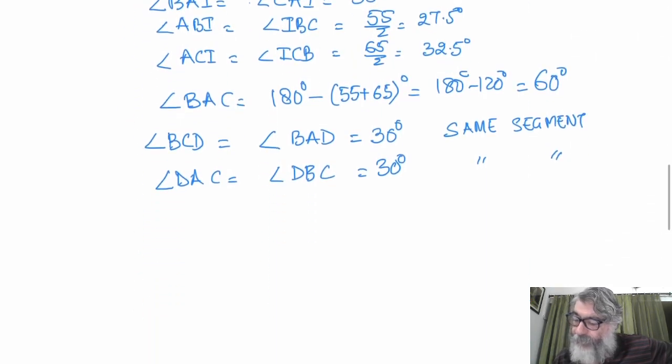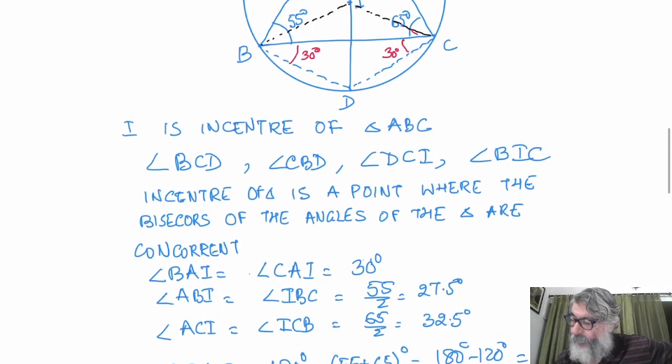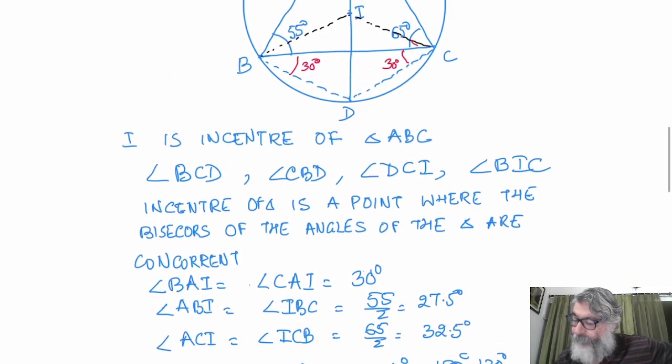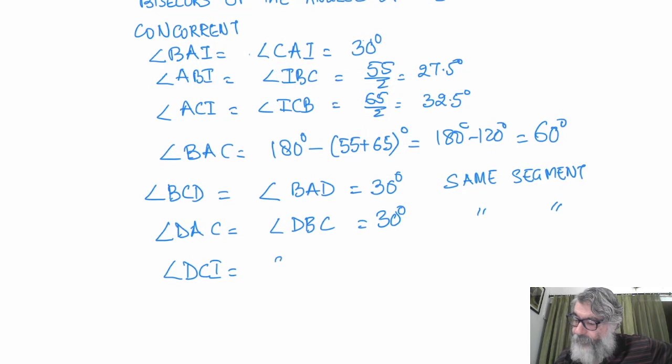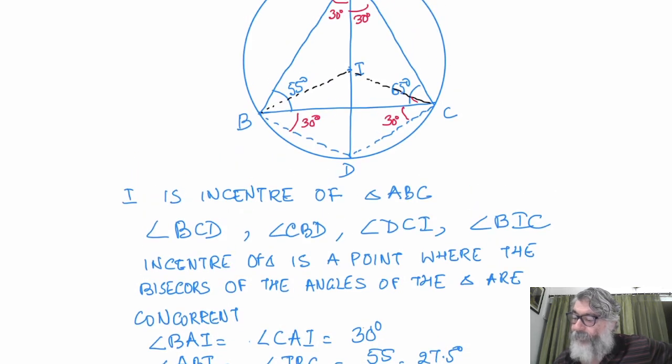Angle DCI will be 30 plus 32.5, that will come out to be 62.5 degrees. Why? Because this angle is 30 and this angle ICB is 32.5, and he wants DCI. So I will add 30 plus 32.5.